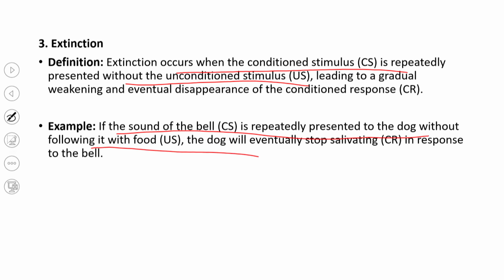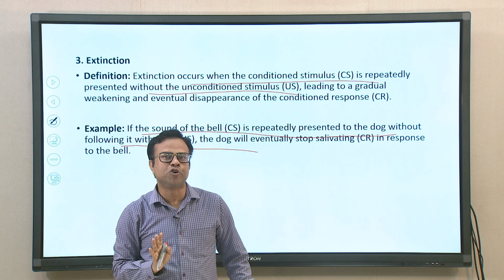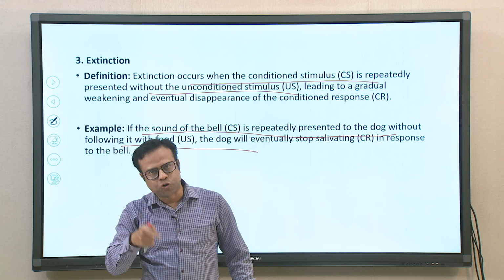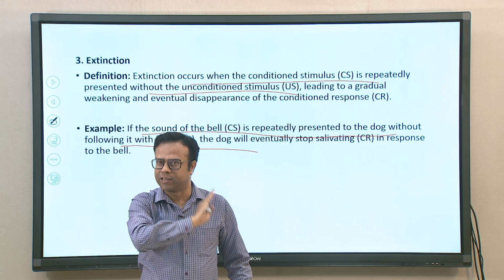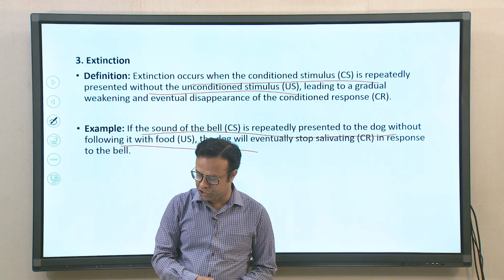After certain pairings, obviously, when you produce the sound or the light, the dog starts salivating. But if you give the sound again and again without food for many times, the dog will learn that this sound is no longer going to produce food. So, it will stop salivating. So, that newly learned response has now become extinct. This is the process called extinction.